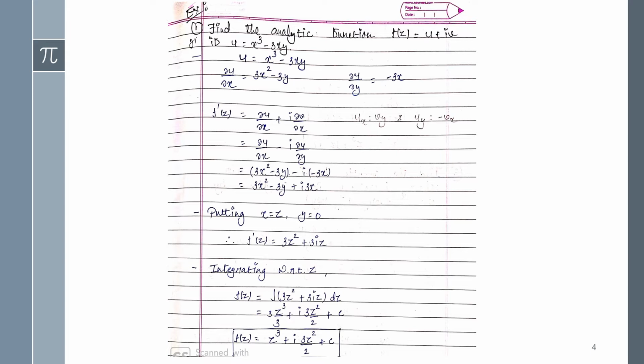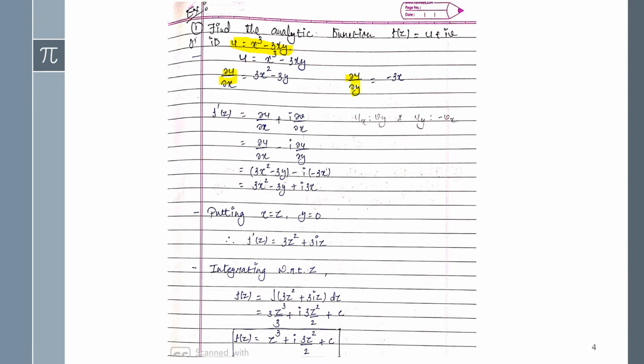You can observe that here the function is given in the u form, it means it is the real part, right? So we will apply case 1, guys. In case 1, in the very first step you have to find two components, u with respect to x and u with respect to y. So I have found here del u by del x and del u by del y.